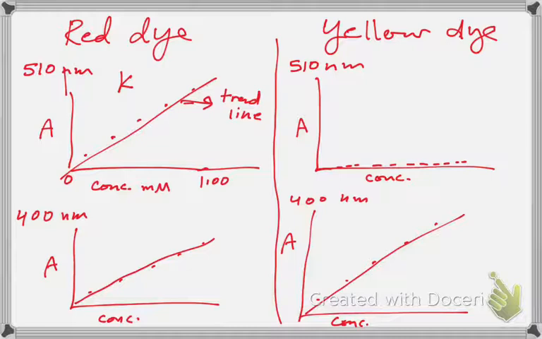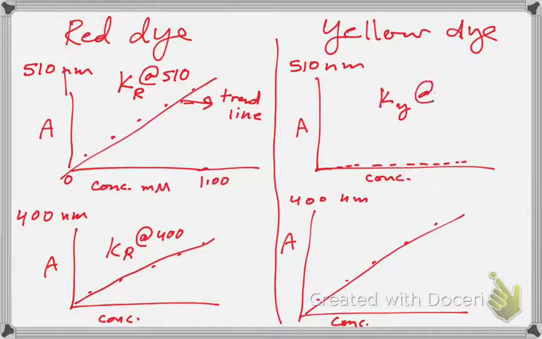I'm going to call this K red at 510. You're going to get K here, which I'm going to call K red at 400. You're going to get K here, which I'm going to call K yellow at 510, and another K here, which is K yellow at 400.